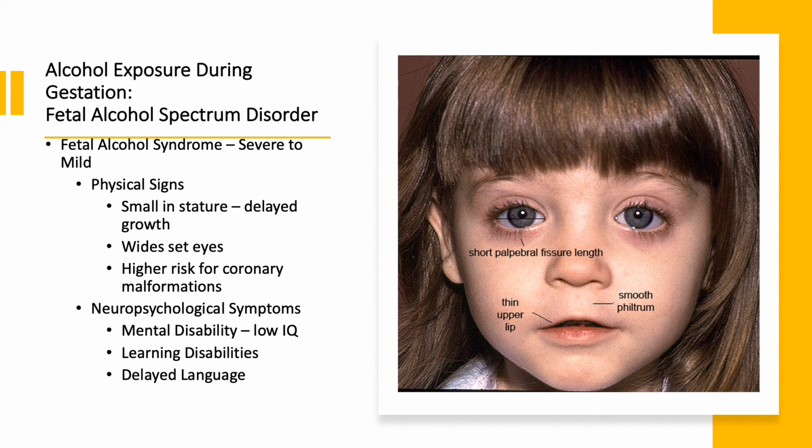That's pretty typical of somebody with fetal alcohol syndrome. She may, in addition, have some of the other neuropsychological or neurological signs like low IQ, learning disabilities, or language delays.